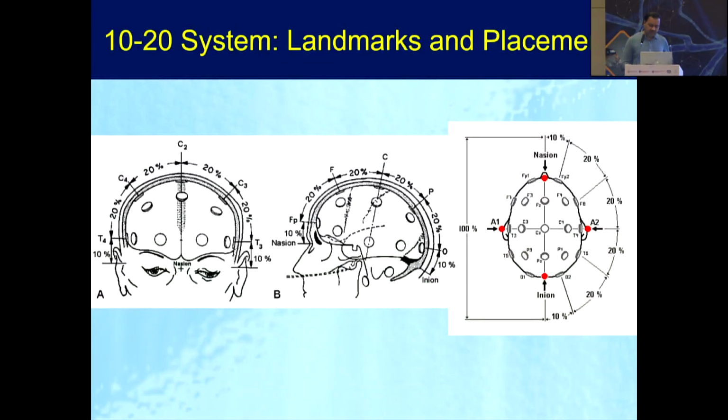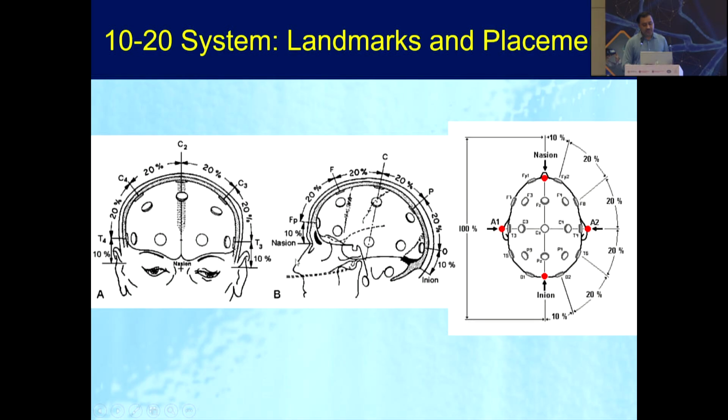This is known as the 10-20 system because electrodes are placed at 10% and 20% of the major distances. There are 2 broad lines: one is drawn from the nasion to the inion, and another from one preauricular point to the other preauricular point in the coronal plane.